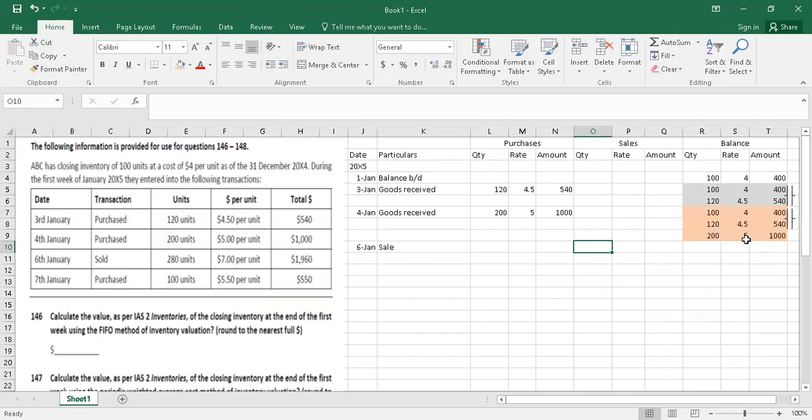So a price has to be charged to the units leaving the stores department, and there are different methods for that. The first method here is the FIFO method. Whatever lot comes in first, the rate on that lot is the rate which should be charged to the units that leave first.